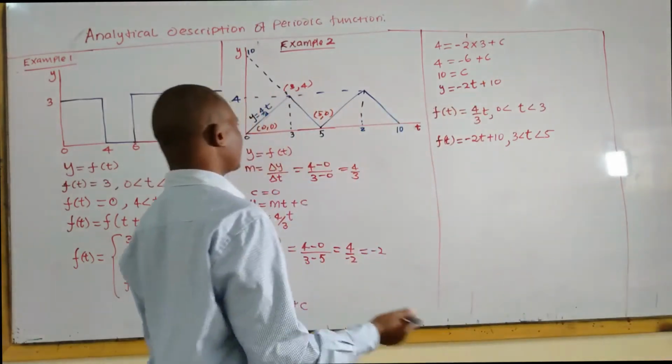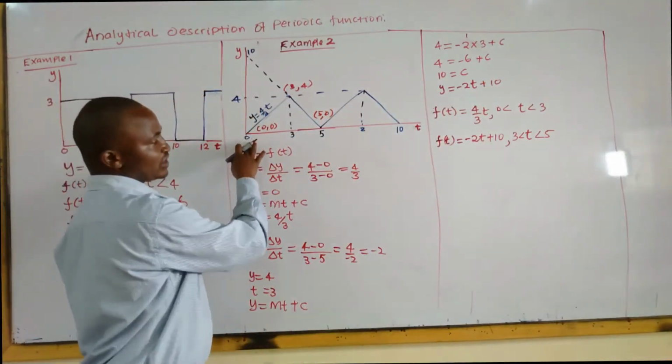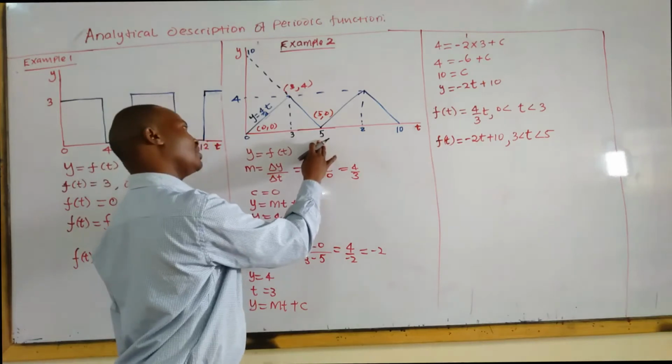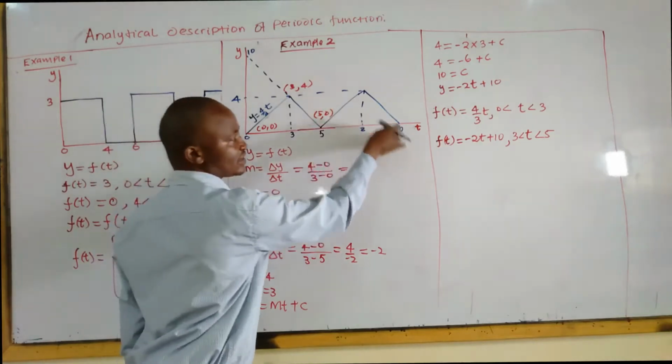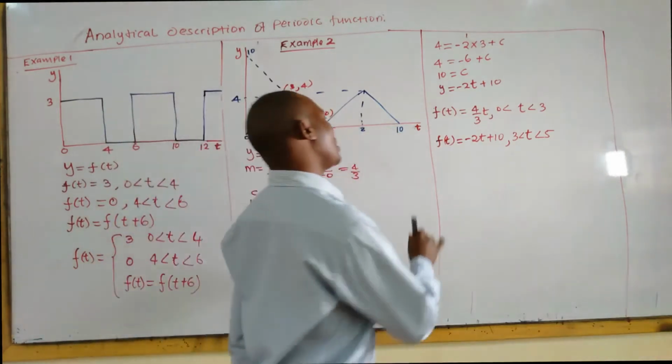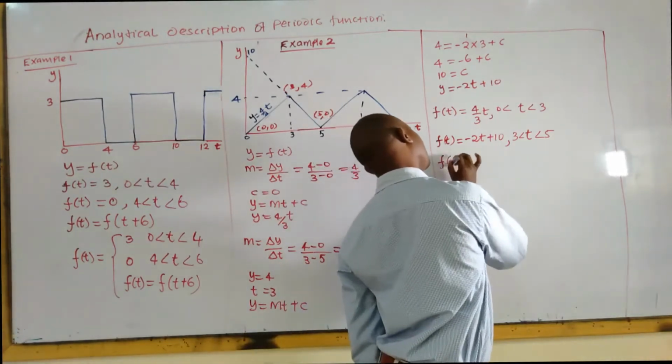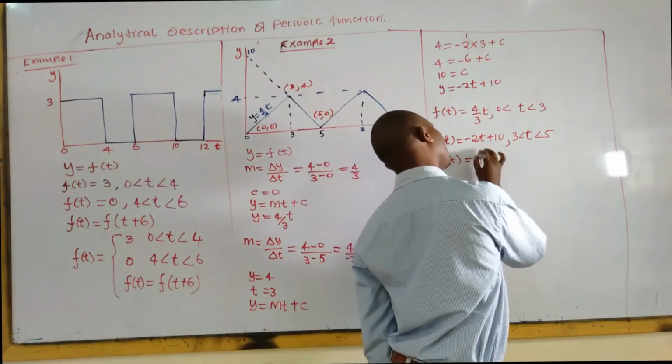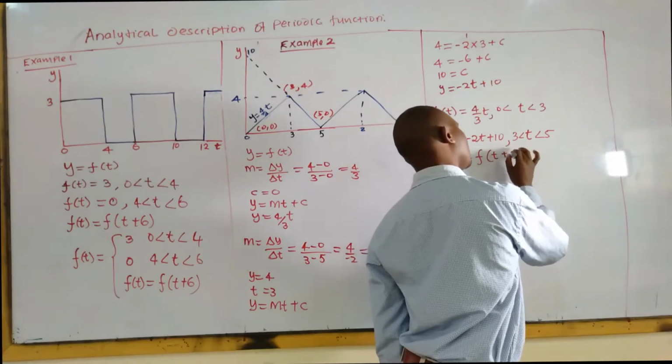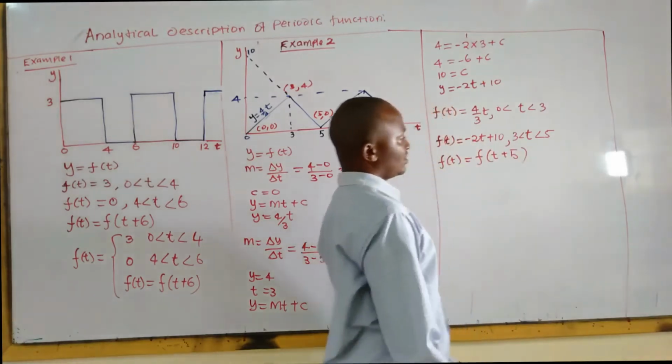We also know that this function is periodic with 5, because after 5, the function starts repeating itself. Function of time is also periodic with t plus 5.